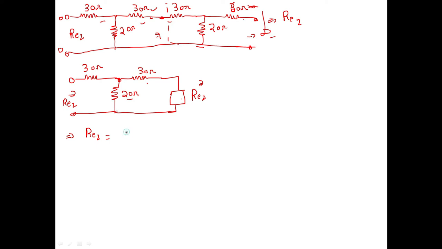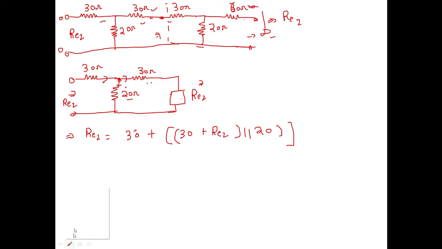So R equivalent is 30 plus this 30 ohm and this R equivalent in series, that network in parallel with this 20 ohm, and this whole network in series with this 30 ohm. So this is the simplified form of this network.